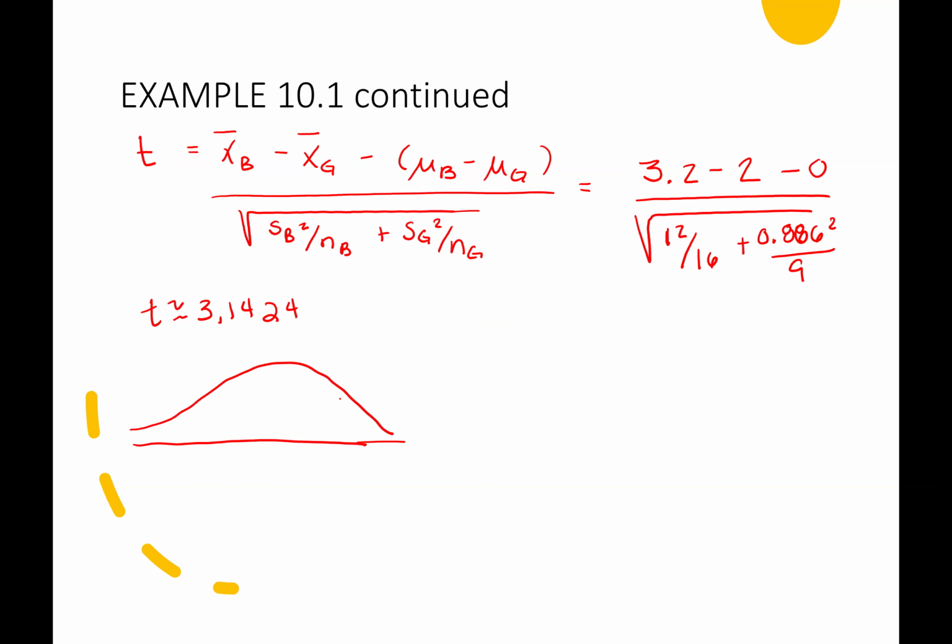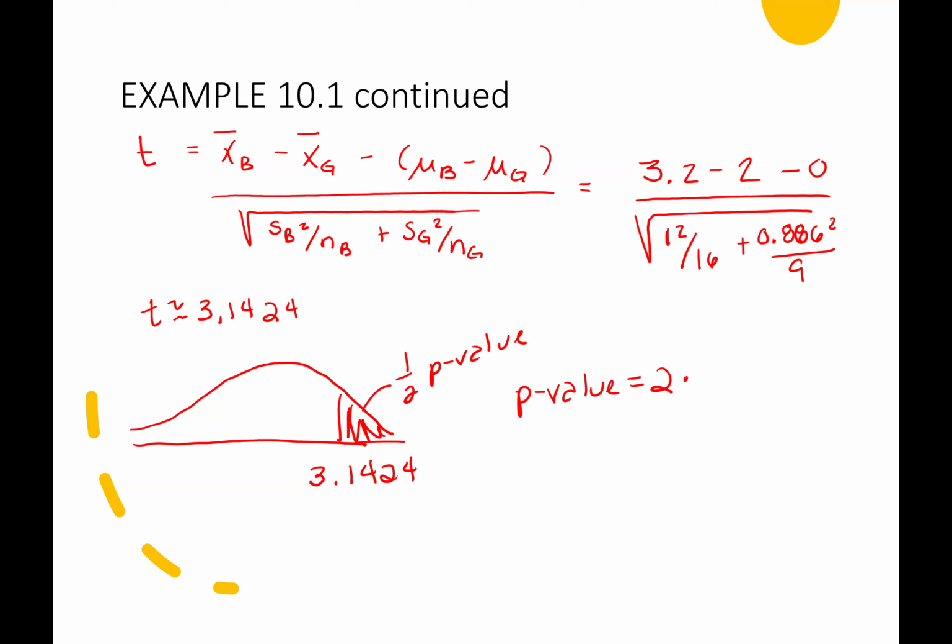Half of the p-value is to the right of that t-score, 3.1424. So our p-value is 2 times, since half of the p-value is to the right of the t-score 3.1424, our p-value is twice what?